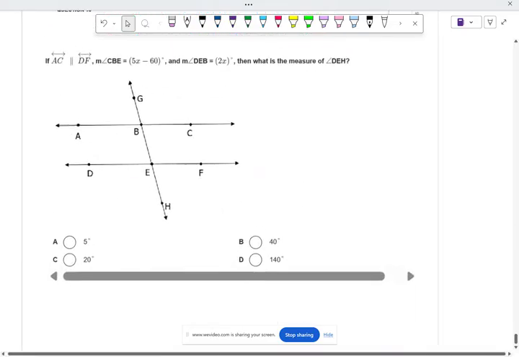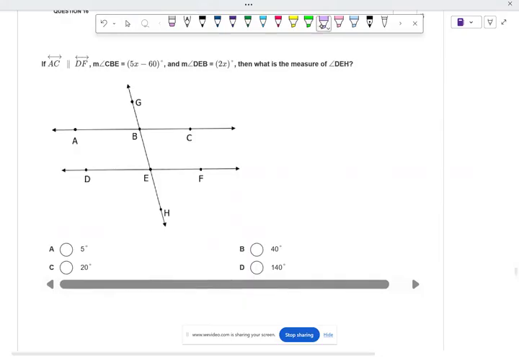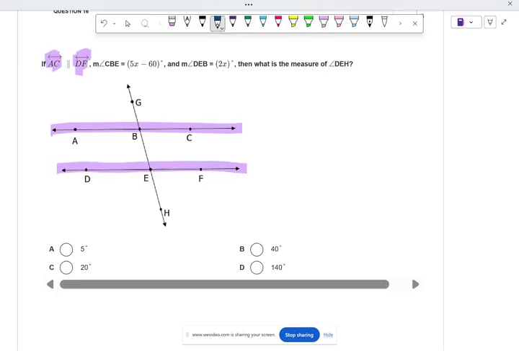All right, let me go back and make this bigger again for us. It says, if line AC is parallel to line DF and the measure of angle CBE, look y'all, that would be from the C to the B to the E, is 5x minus 60, and the measure of angle DEB from the D to the E to the B is 2x, then what is the measure of angle DEH?